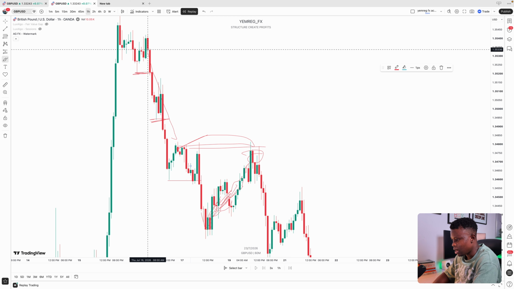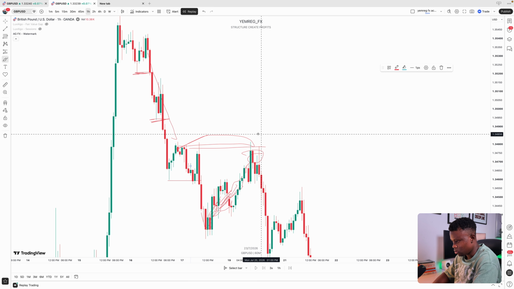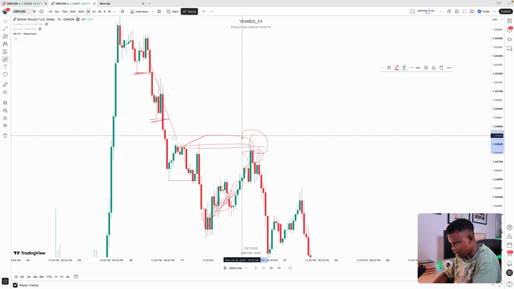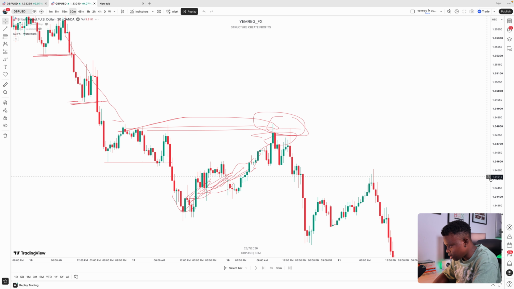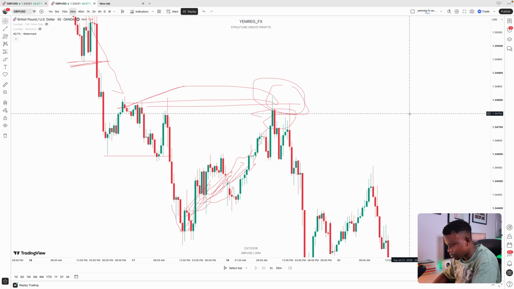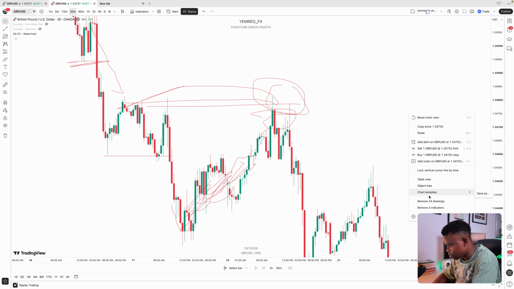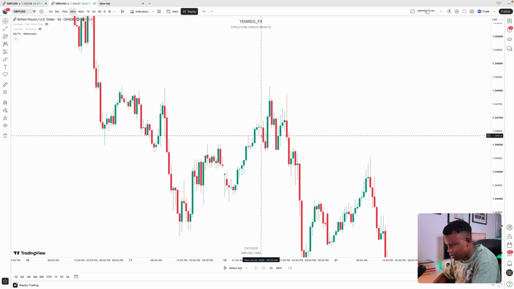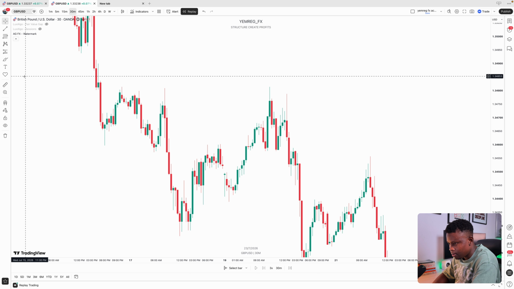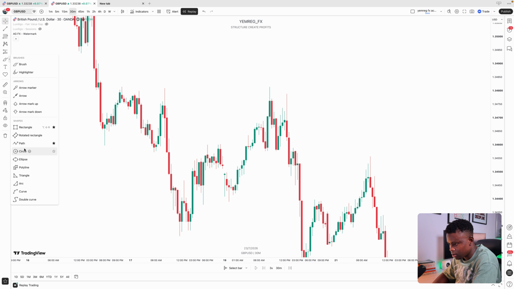That's the thing. So now let's go to the 45 minutes or 30 minutes time frame to see what happens around this place. On the 30 minutes time frame, this is what we are seeing. Let me try to clear this out. On the 30 minutes time frame, price gave us this.